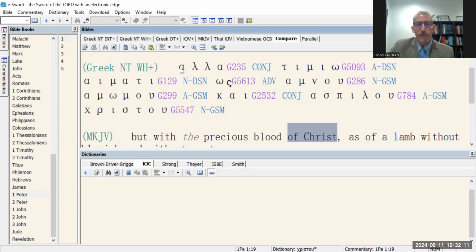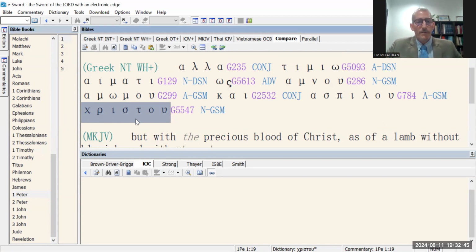If you're reading it like we read English, you would say but, alla, by means of, that's the dative. By means of what? The precious, this word is precious, blood, haimati, in the dative, so by means of the precious blood. Then you skip over, we're not going to use these words here, and go straight over to Christ, of Christ. This is an example of how in the Greek the word order doesn't really matter.